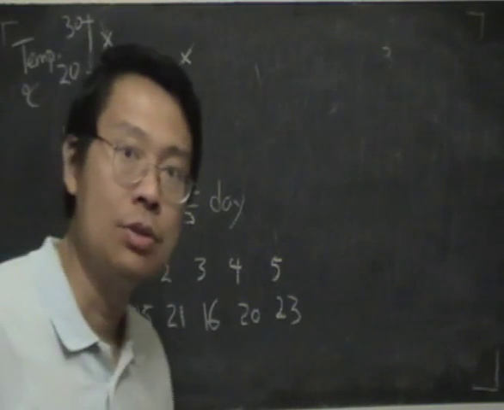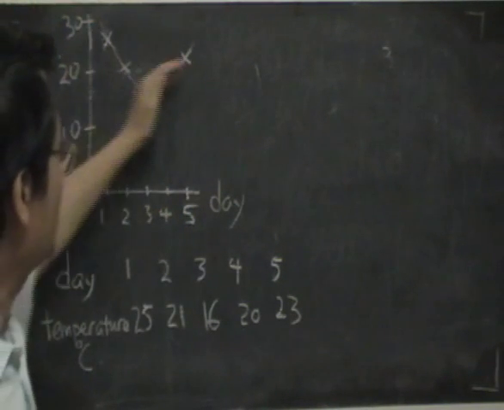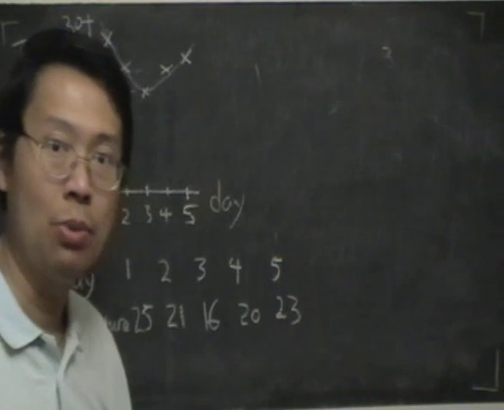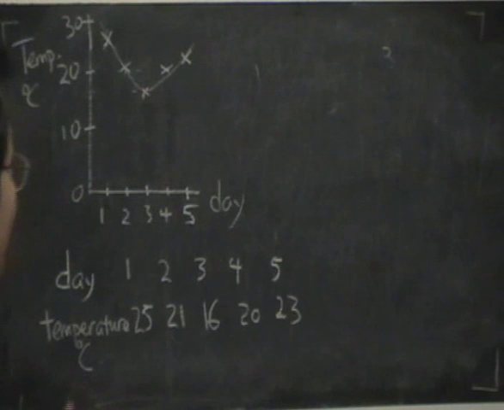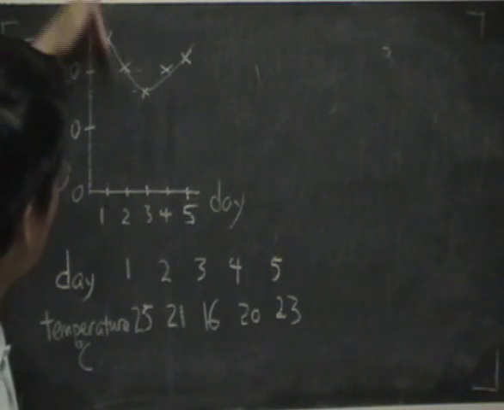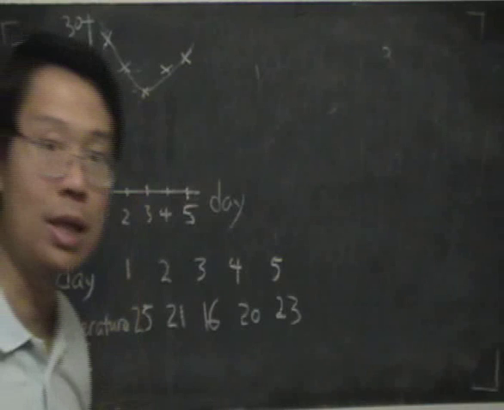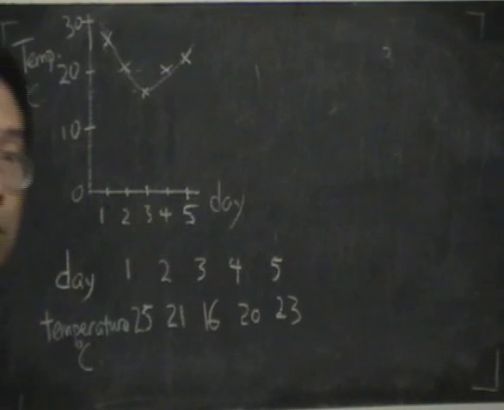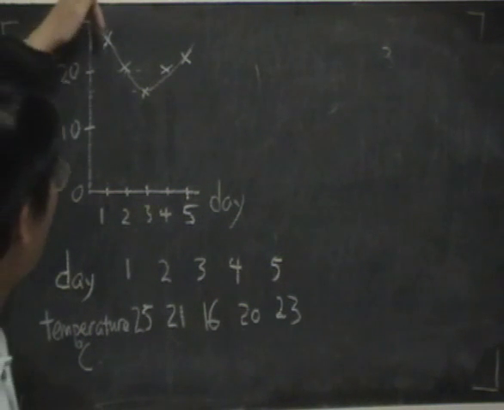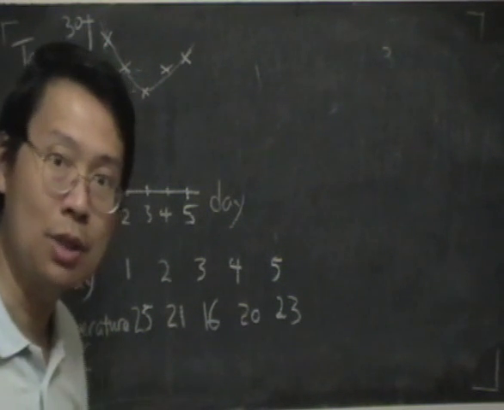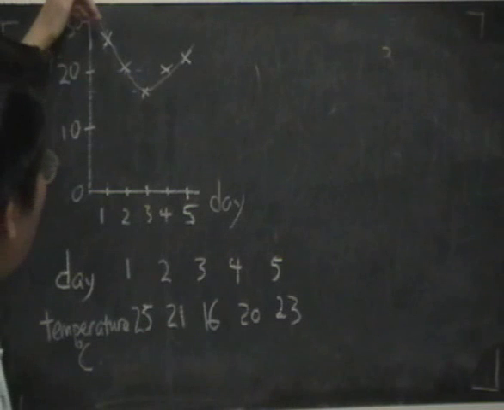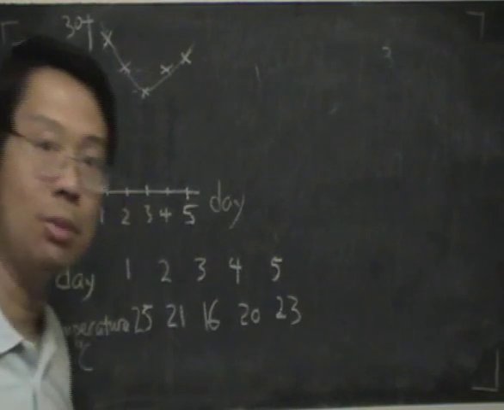Okay? So a curve like that helps us to see the way that the points change, the way that the graphs change. So we can see that it goes down and comes up again. And that's helpful if we have a lot of points. Okay, and also the shape of this curve tells us quite quickly that the temperature first goes down and then comes up again.